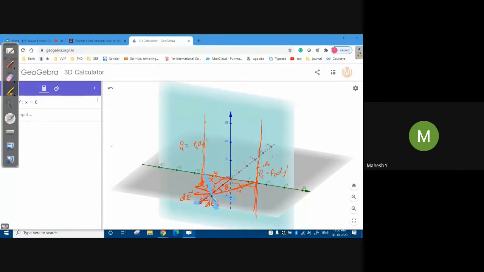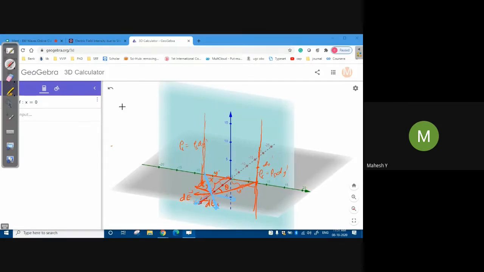In the same manner, you have the Y components cancel. Is this clear? How the Y components cancel in the case of a sheet of charge? If you take anywhere a line, a similar line will be there in the other direction, which gives a Y component in the opposite direction. So what is left is only in the x direction, because plus y and minus y cancel, only the x component will be there.